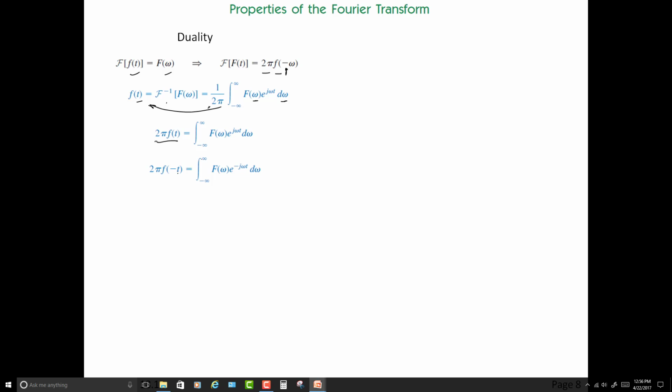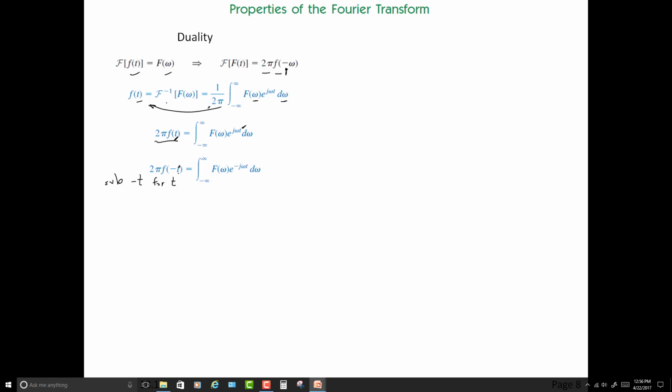Now, if we substitute minus t, we're looking at this. All we're doing is putting in minus t right here. So then we put in minus t up here. So all we've done here is substitute minus t for t. It's not like some big cosmic reason.